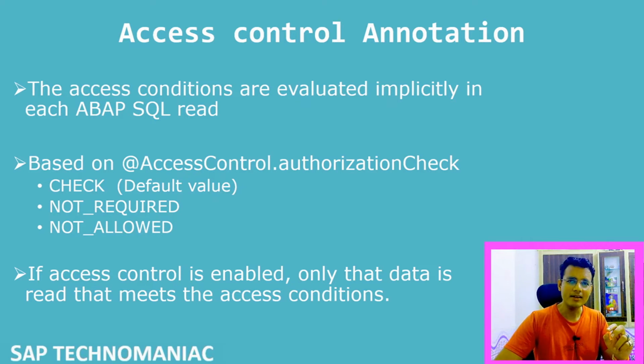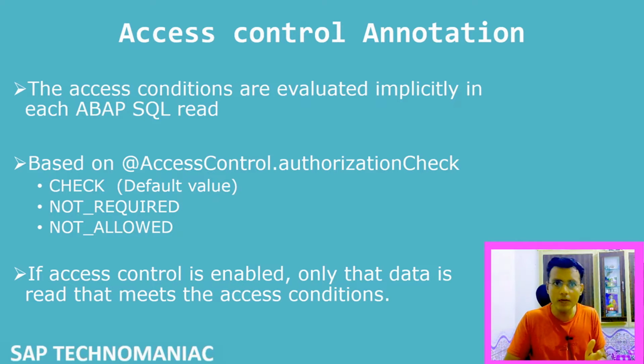And second thing, if you have given authorization check equal to check and you didn't create the DCL for that CDS view, then you will get a warning that this DCL does not exist.